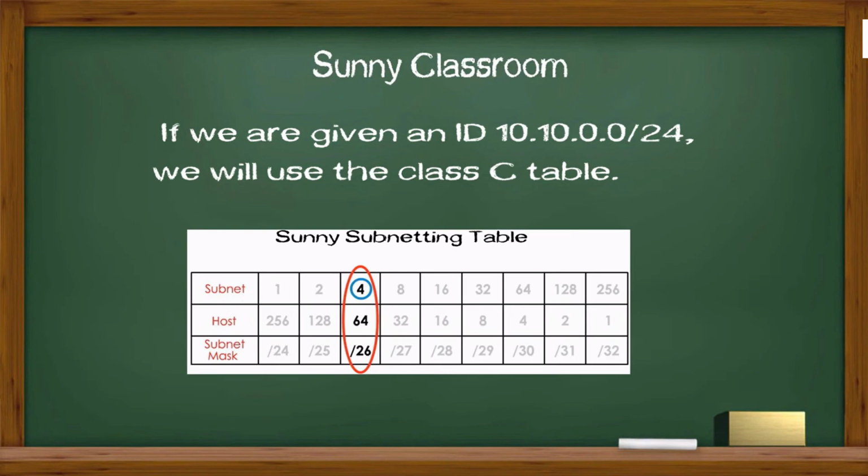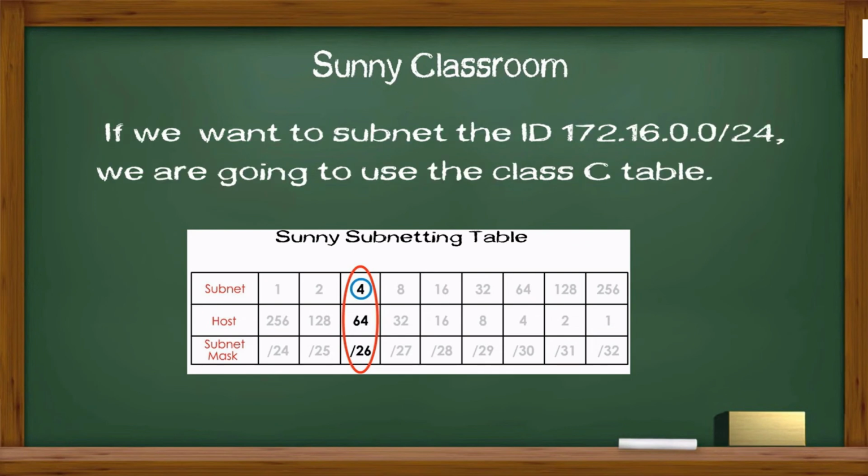If we are given an ID 10.10.0.0/24, we will use the Class C table. And if we want to subnet a network 172.16.0.0/24, we are going to use the Class C table.